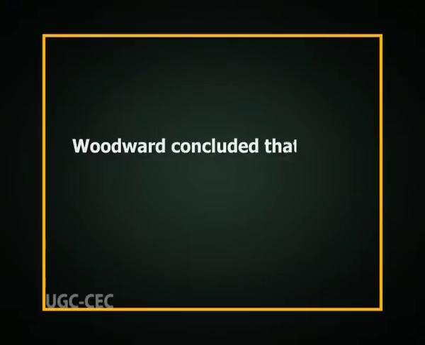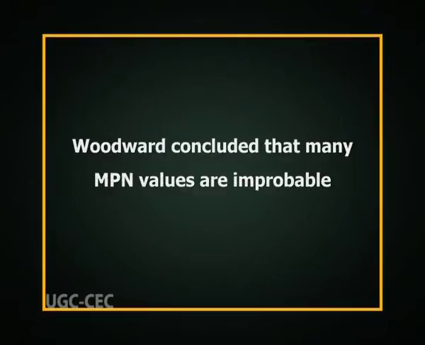Although Woodward concluded that many MPN values are improbable, this method of analysis has gained popularity. There are computer programs for generating MPN values from different designs of the experiment, and these programs can also provide confidence limits for the MPN and suggest the likelihood of particular combinations of positive results.